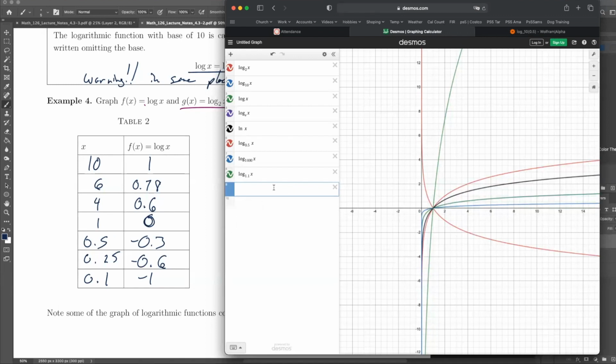And then here, if you have like log base 0.8, notice how this is a little bit more in, and then if I have log base 0.01, whoops, sorry, 0.01, it's pretty sharp, okay?